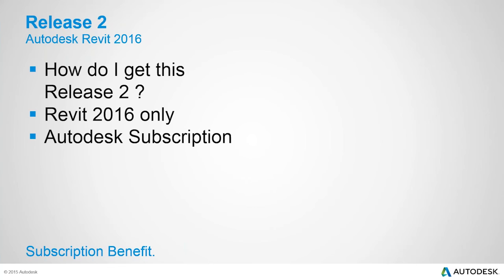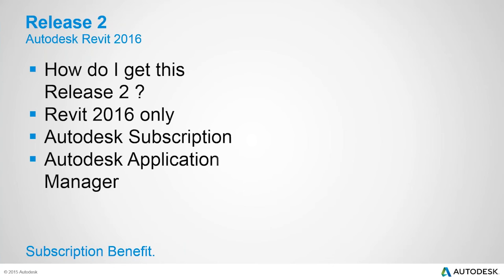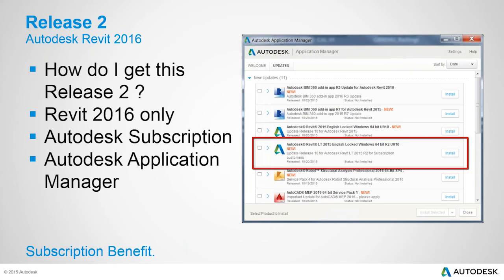The quickest way is by checking your Autodesk Application Manager using the Update tool. If you click on your Update tabs, give it a moment to check, and hopefully it should appear on the list and you can install it.